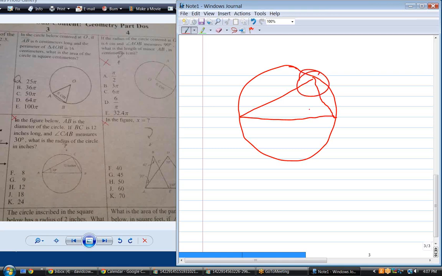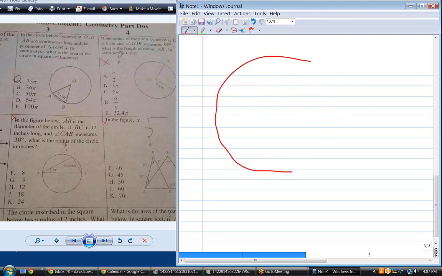What's this angle right there? I'm not sure it's even pertinent. I haven't read the problem yet. But it's important to know. When you put a triangle in a half of a circle, that's always 90 degrees. Whether it's drawn like that or like this, that's always 90 degrees. Key principle in geometry.